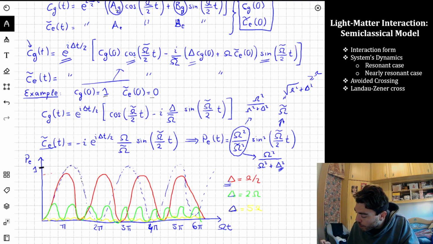For example, for the red curve, we can go to a more extreme case in which the detuning is 5 times capital Omega, the Rabi frequency. In this case, the oscillations are very fast, but they are also almost nothing in amplitude. So the atom is almost not seeing the light, it's seeing a little bit. And this is the physics of what happens.